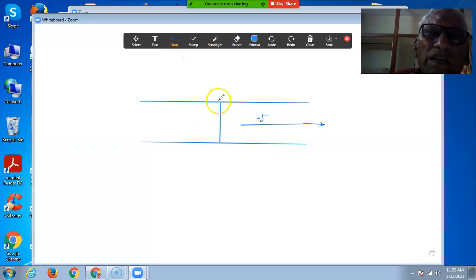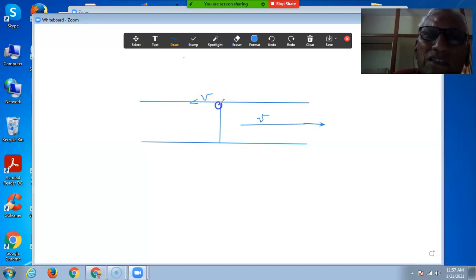Now because the boat is going straight across the river to the port on the other side, the boat speed should have a component which cancels the velocity of the water towards east. That means the boat should have a component v in the opposite direction.